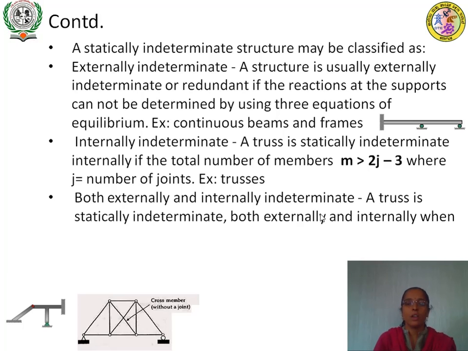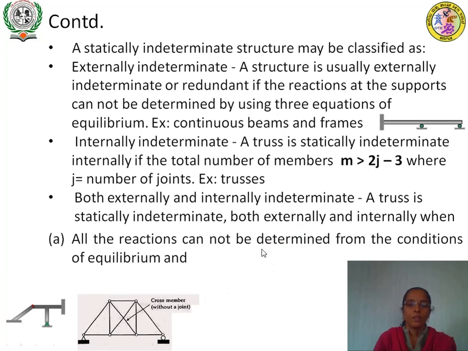When we call a structure both internally and externally indeterminate, we have already known that externally, a truss is statically indeterminate when all the reactions cannot be determined from the conditions of equilibrium.